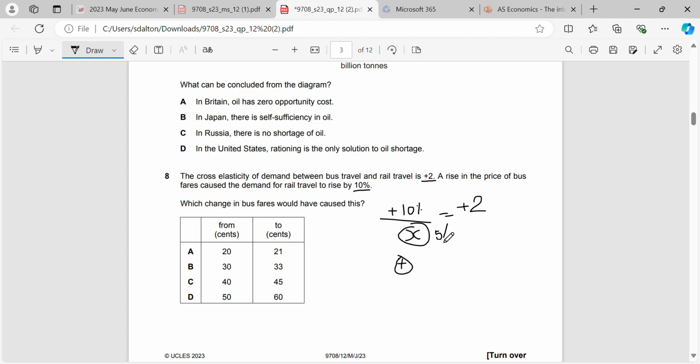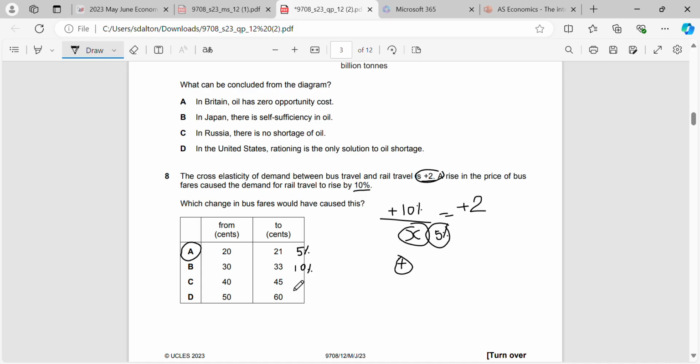Must be 5%, right? So all we need to do is find a 5% price change here, from cents to cents, and we should be able to see straight away that that would be A. 1/20 is a 5% price change, so we know that one is correct. 3/30 is a 10% price change, which would mean our XED value would be +1, not +2.